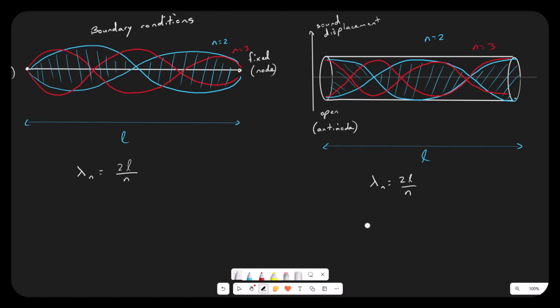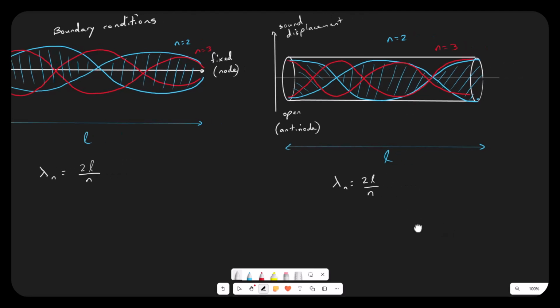So 2L over n is my lambda n, and my sound displacement mathematically looks, for a pipe, exactly the same as my standing waves on a string. Just instead of going node to node, I'm going antinode to antinode.